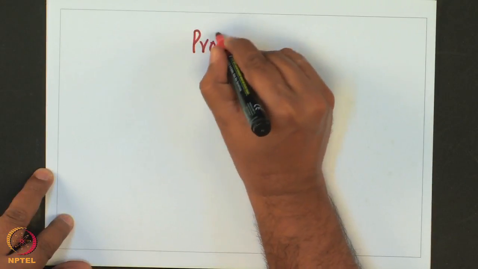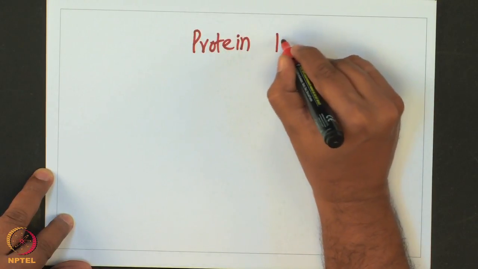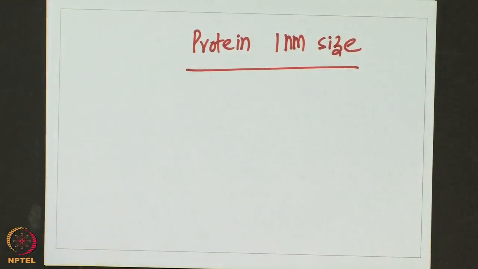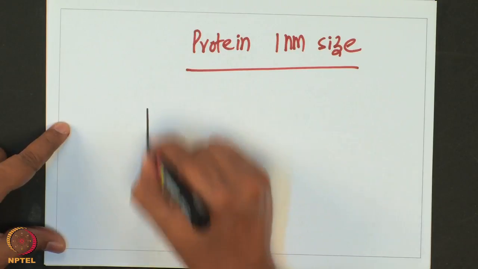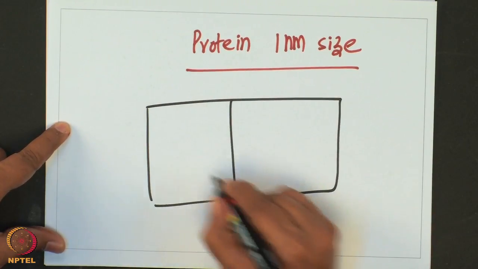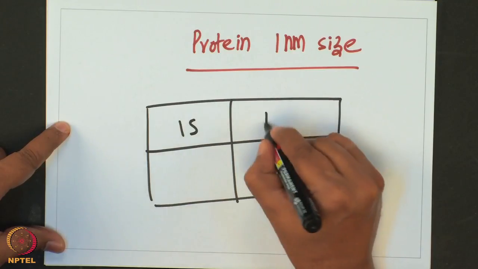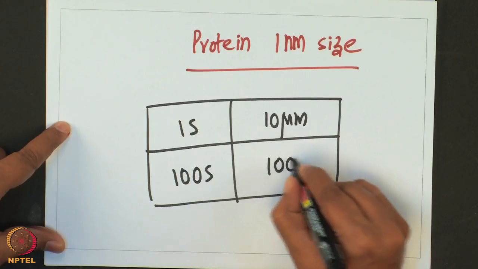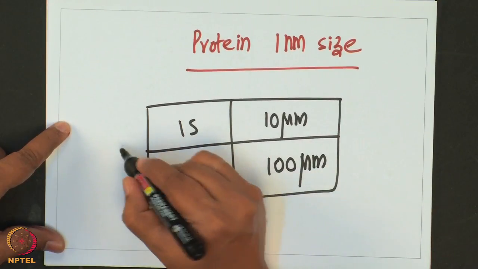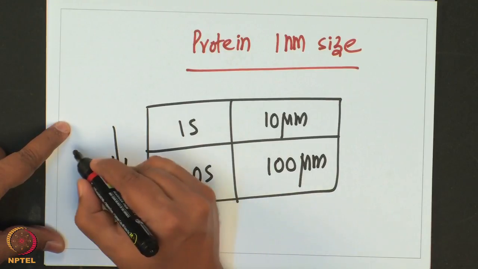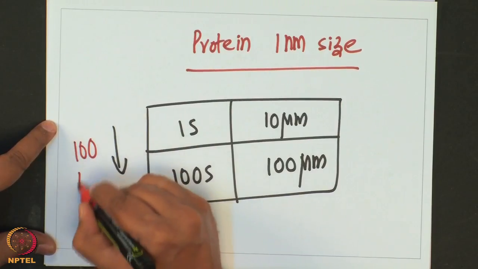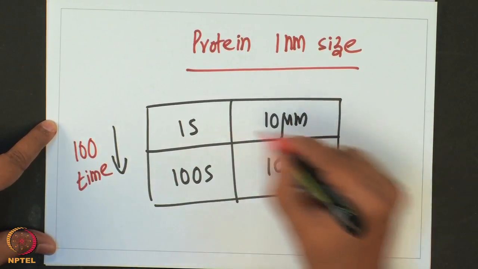If I take a protein of 1 nanometer size and ask how far it will diffuse in 1 second, the answer is 10 micrometers. In 100 seconds, 100 micrometer. So the time was increased by 100 times.